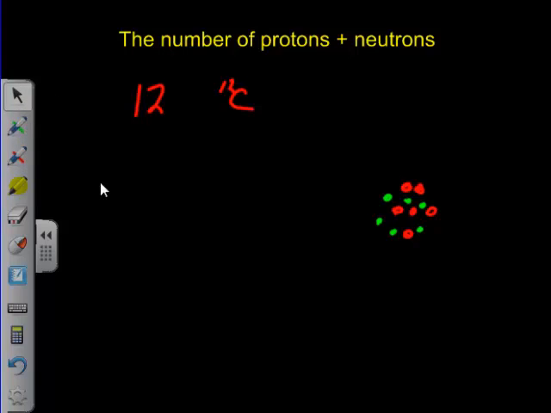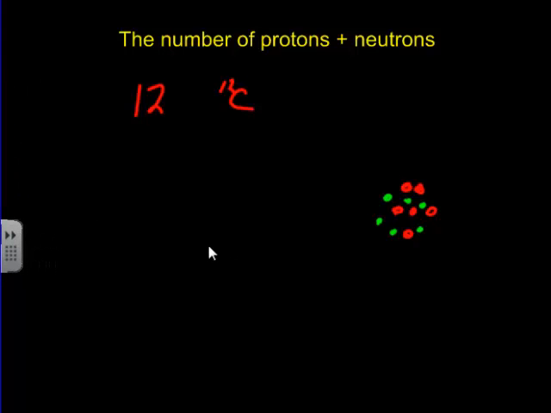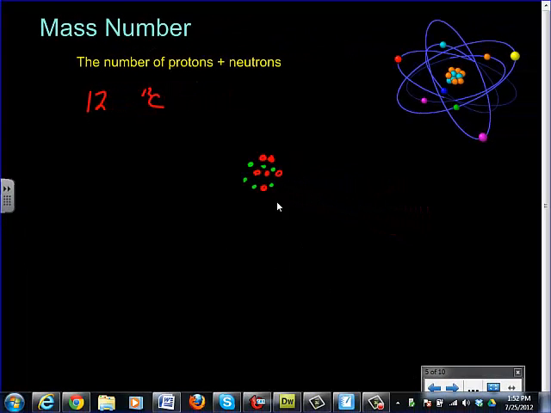The thing that we figured out is the electrons don't have much mass. In fact, they're about 1,000 times smaller than the protons and the neutrons. So we're going to take carbon as a standard, and make the mass of that atom be the sum of the protons and neutrons, since they make up most of the mass.